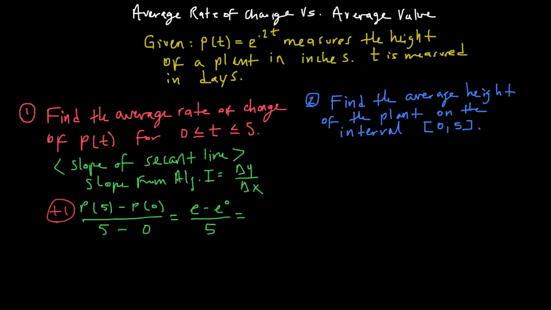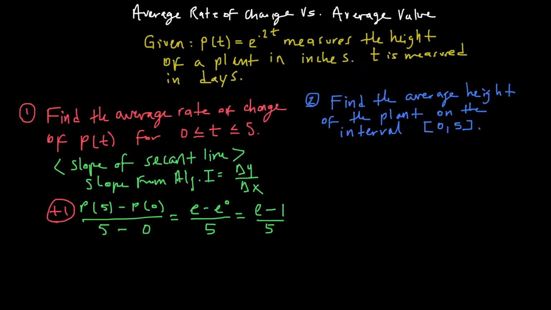But you should know that this is just e minus, e to the 0 is 1, divided by 5. And the other thing I'm leaving out are units. You have to have units. To get the units, just think of it as what are the units of the numerator, what are the units of the denominator. The numerator is p of t, and p of t was measured in inches.